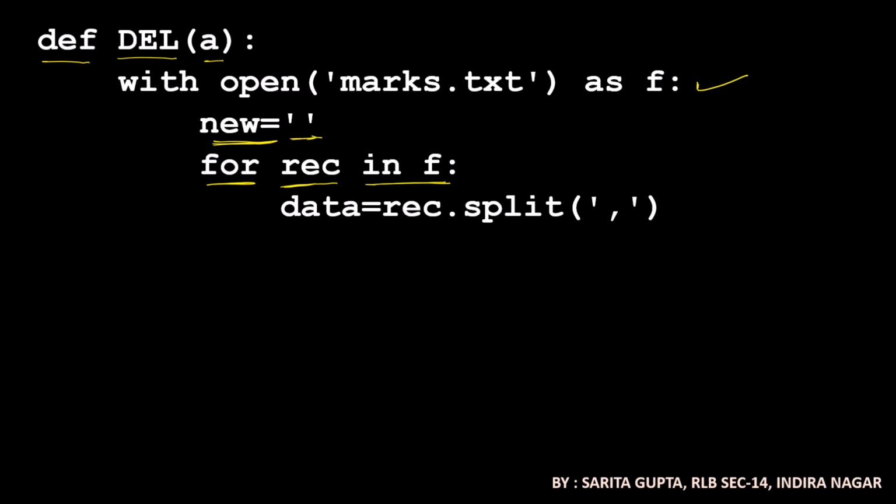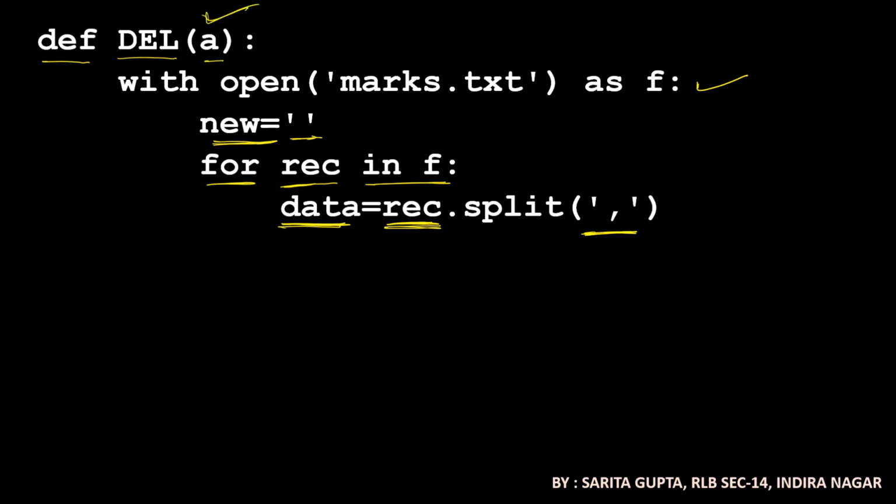Next, splitting the line of text read into rec from the file at all places where a comma is found, thus returning into this variable data as list items the individual data items of the record, that is admission number, name and total marks. Next, we'll compare the admission number of the student record which has been read from the file with the admission number given by the user.